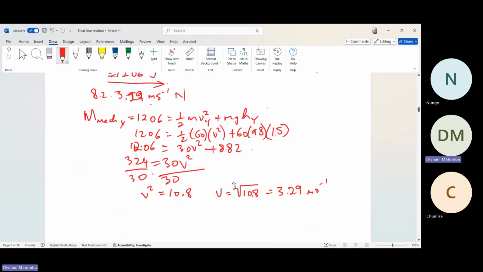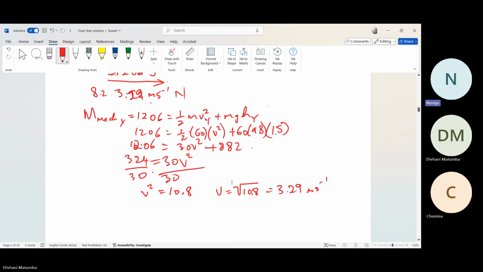You have calculated the height for 8.3 using which formula? Just tell me what I should write. 1/2 mv squared plus mgh equals 1/2 mv squared plus mgh.